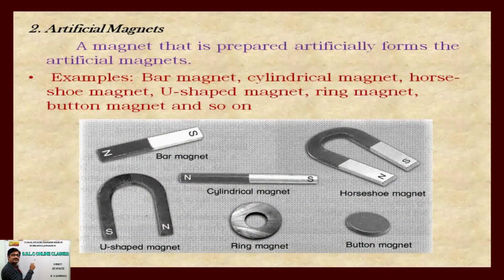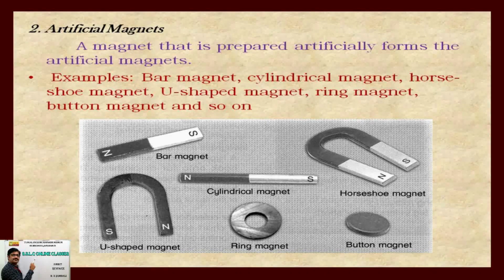Let's take the artificial magnets. A magnet that is prepared artificially is nothing but an artificial magnet. Artificial magnets are man-made. They are meant for specific purposes. Therefore, an artificial magnet is a magnet prepared artificially for particular purposes.